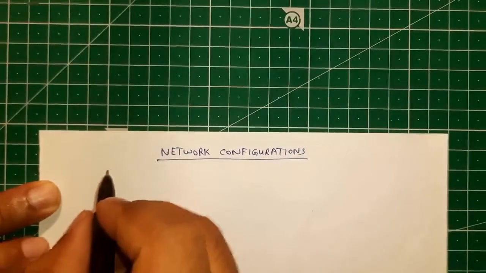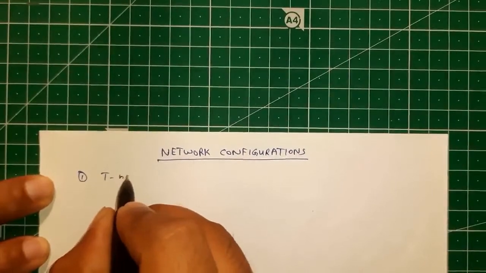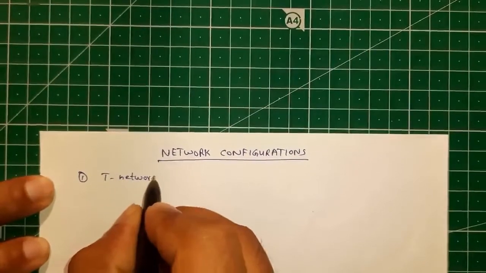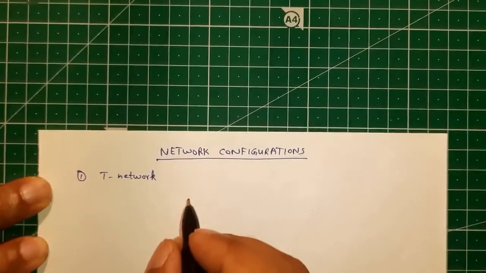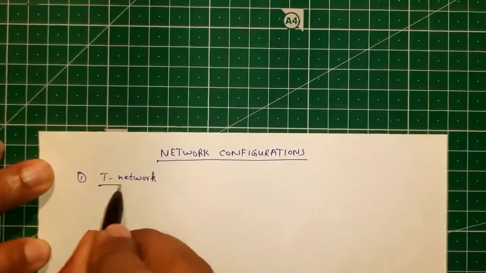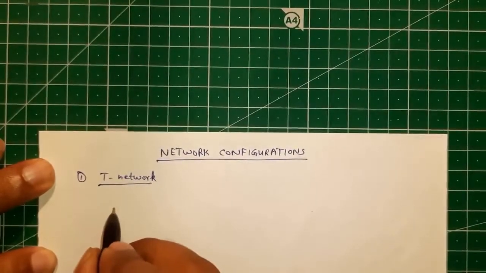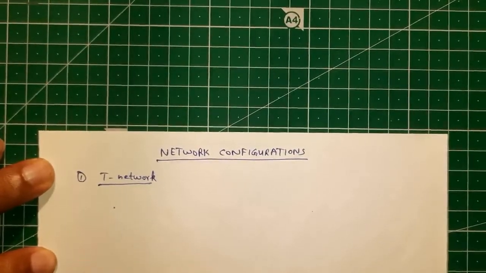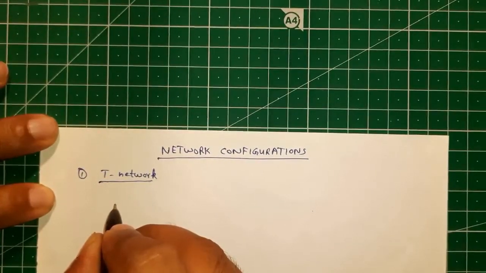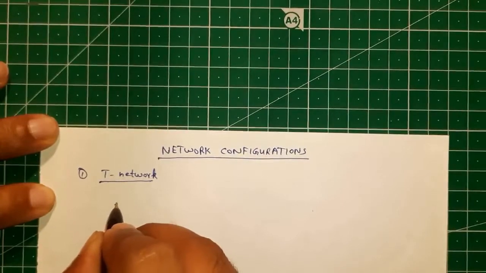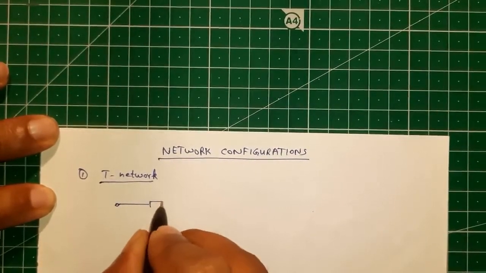The most popular ones are the T network and the pi network. So we'll start with the T network. A T network has a typical structure of the form like a T. So you can draw it like a T.